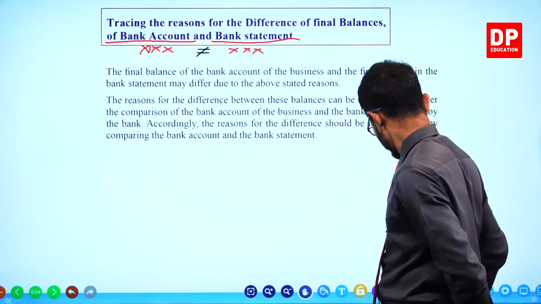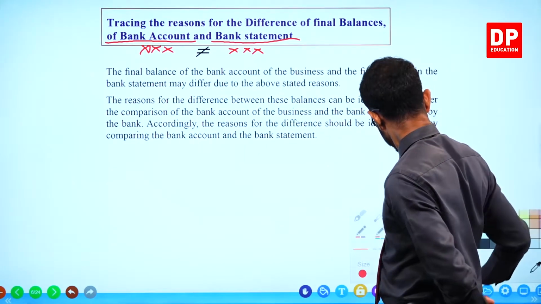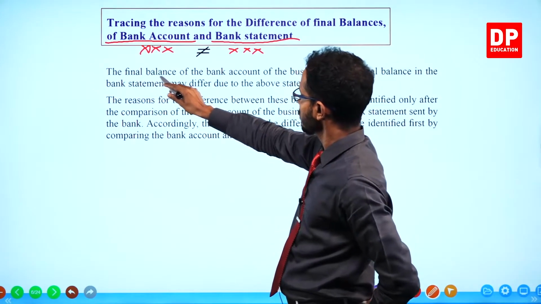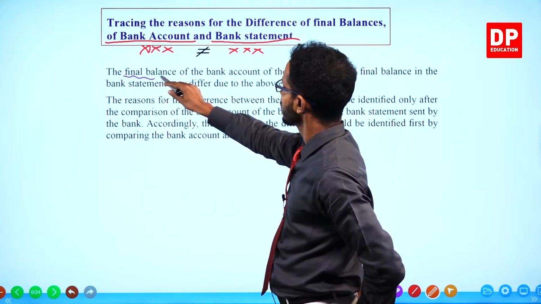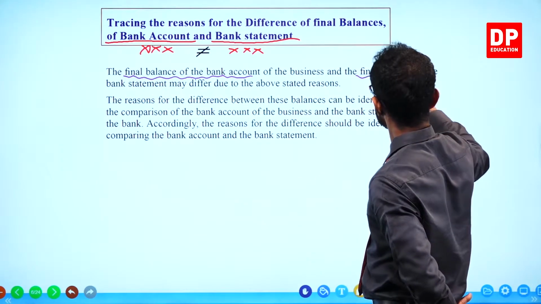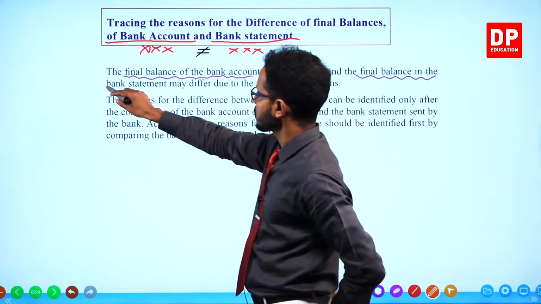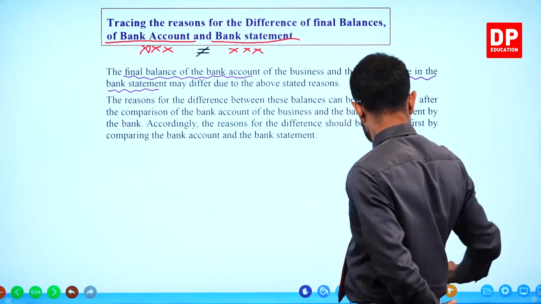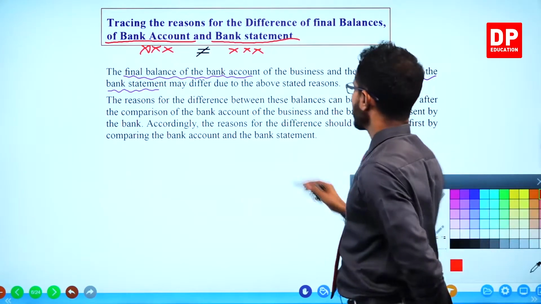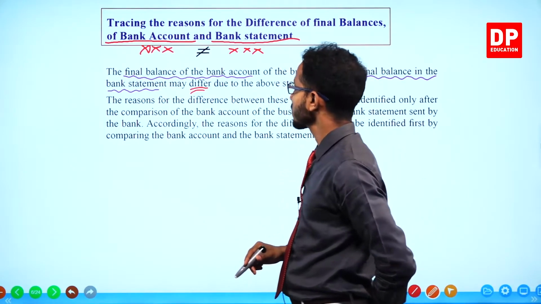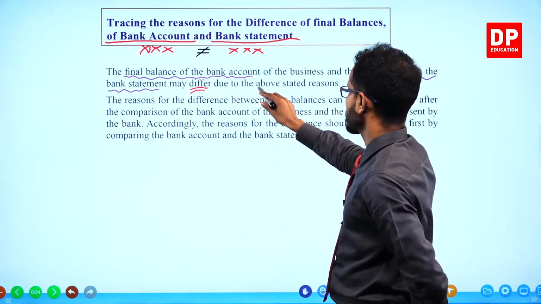But here it says the final balance of the bank account and the final balance of the bank statement may differ. This is the problem. May differ due to the above reasons.